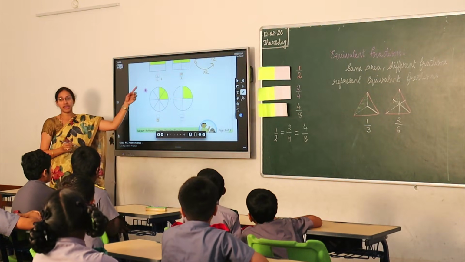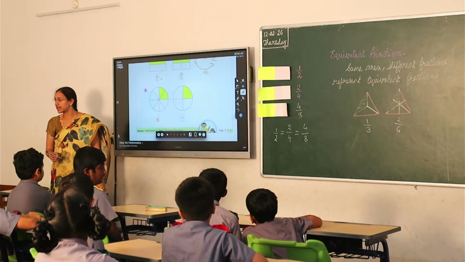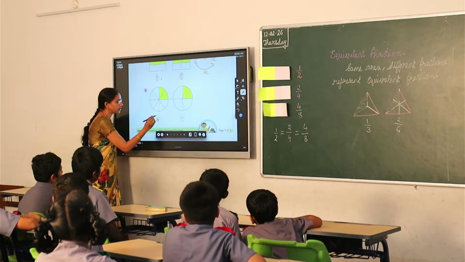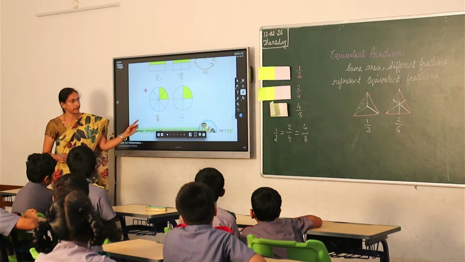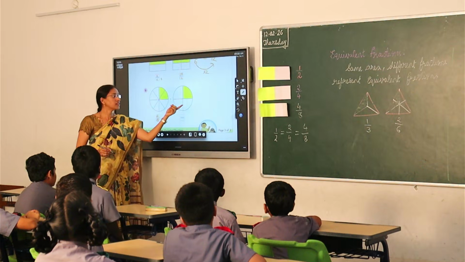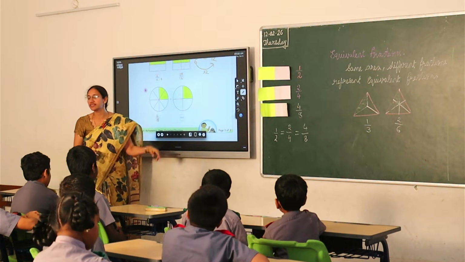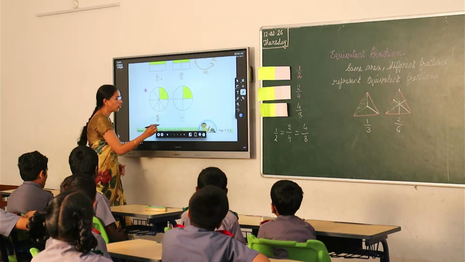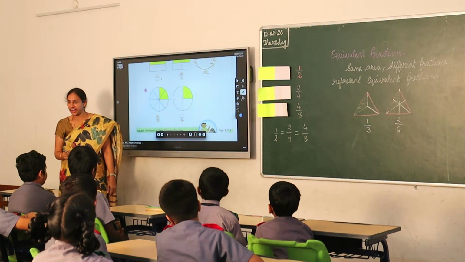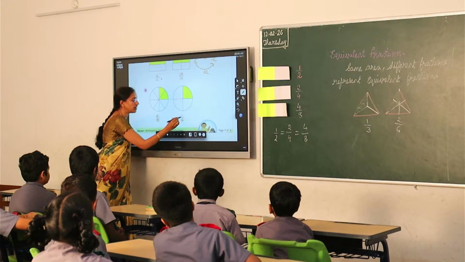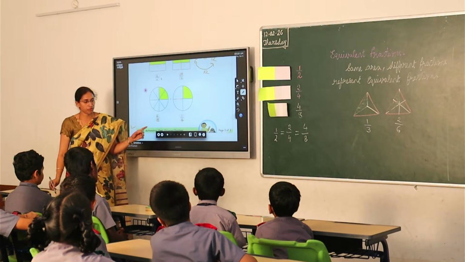Out of these 8 equal parts, how many parts are colored? 2 equal parts. So the fraction for the shaded part is 2 by 8. Now see the second circle. Into how many parts is it divided? 4. Out of 4 equal parts, how many parts are shaded? So the fraction for the shaded part is 1 by 4.